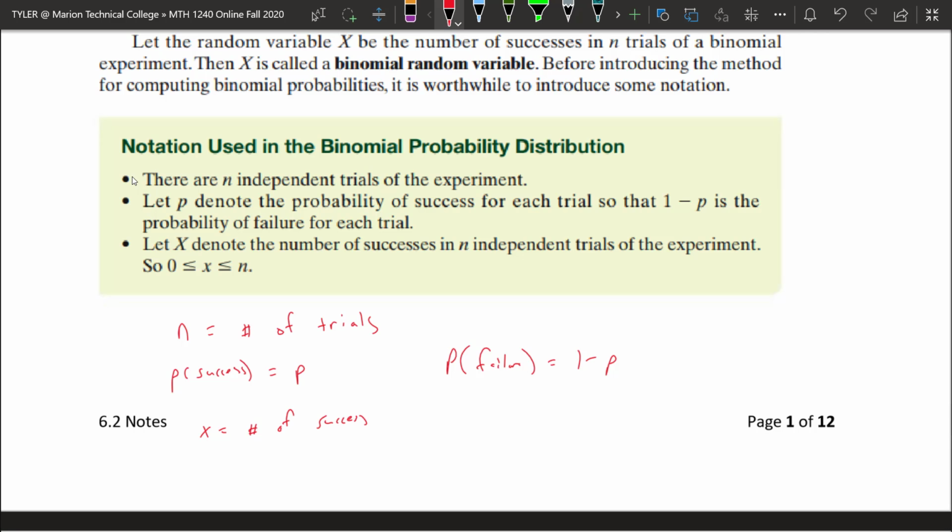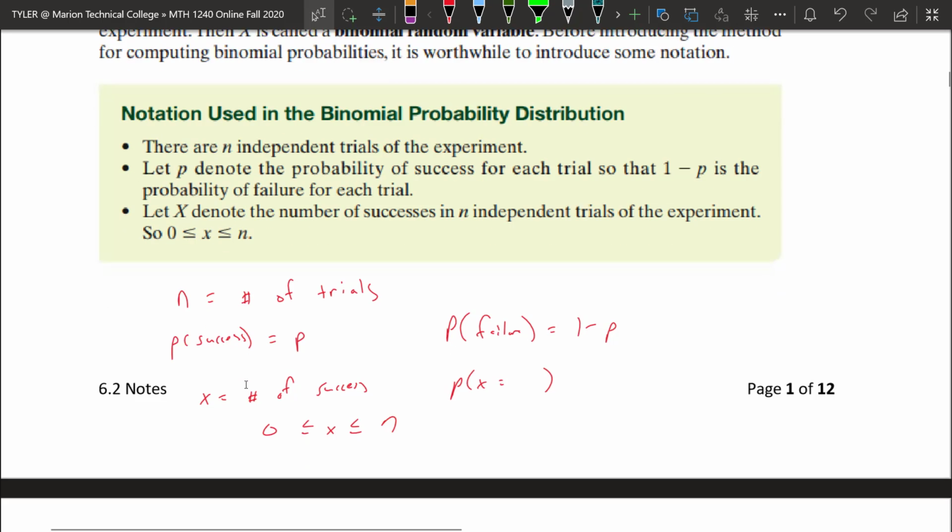We're going to be finding the probability of some x value. This x value of successes has to be between 0 and little n, because n is the number of trials we do. So if I only do 10 trials, I can't have 12 successes. It can't be bigger than the number of times I do the experiment.